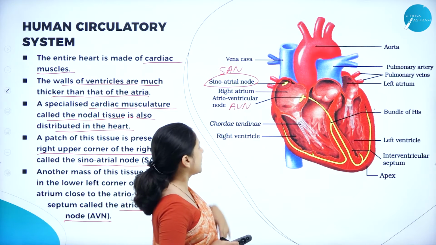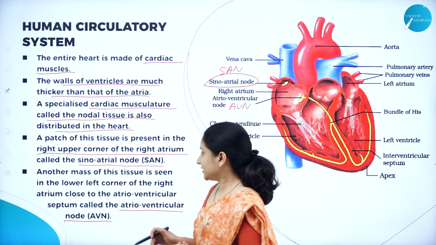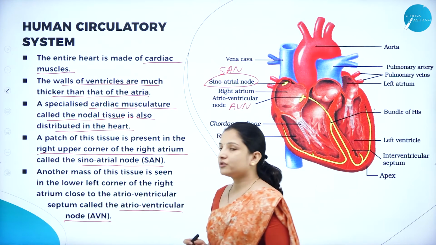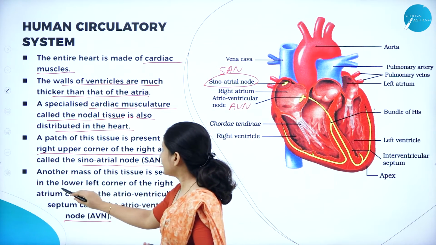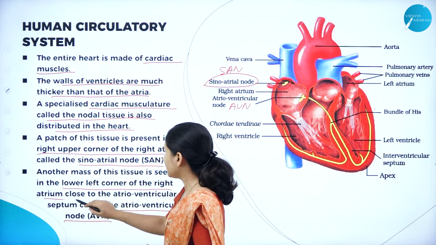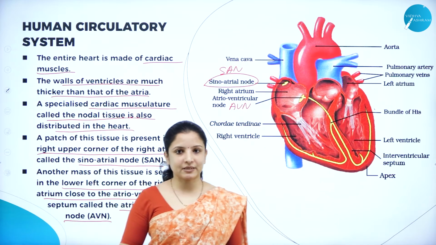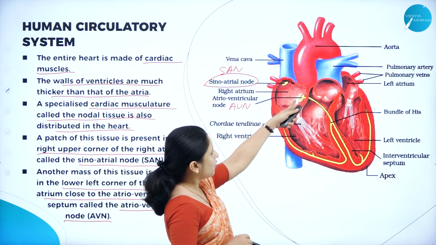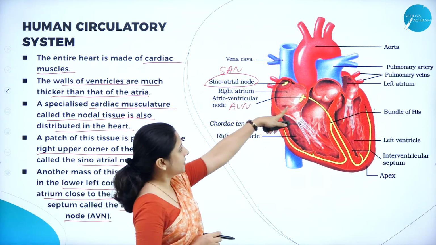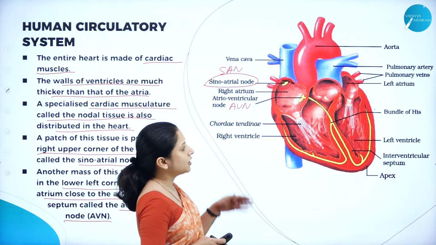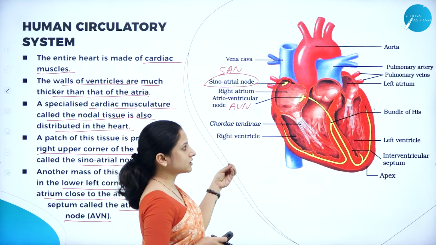There exactly the atrioventricular node is present. Another mass of this tissue is seen in the lower left corner of the right atrium, close to the atrioventricular septum. So these are the different types of nodes that are present.